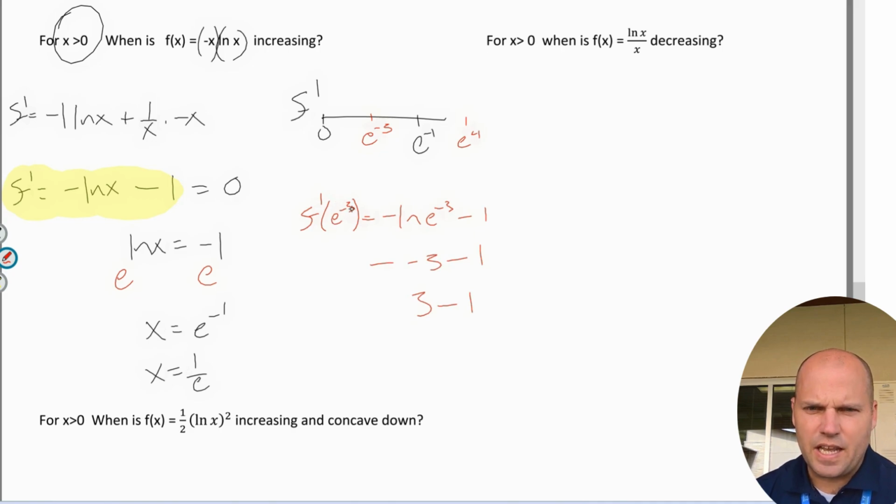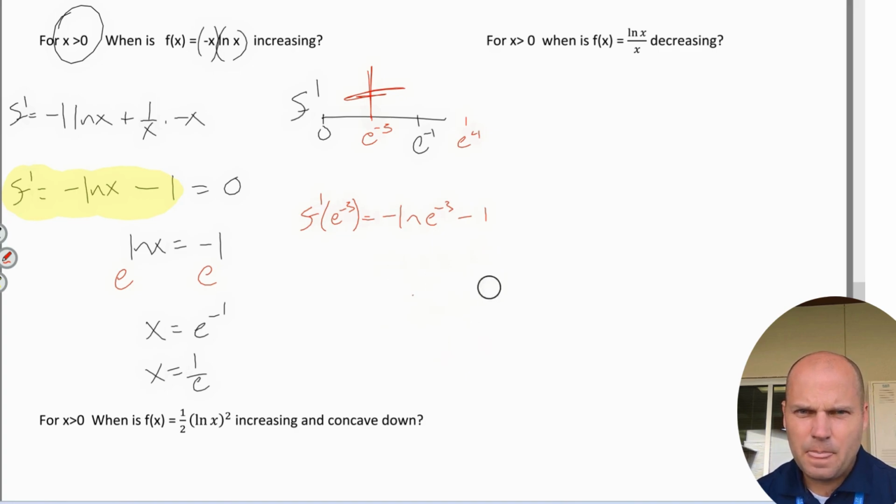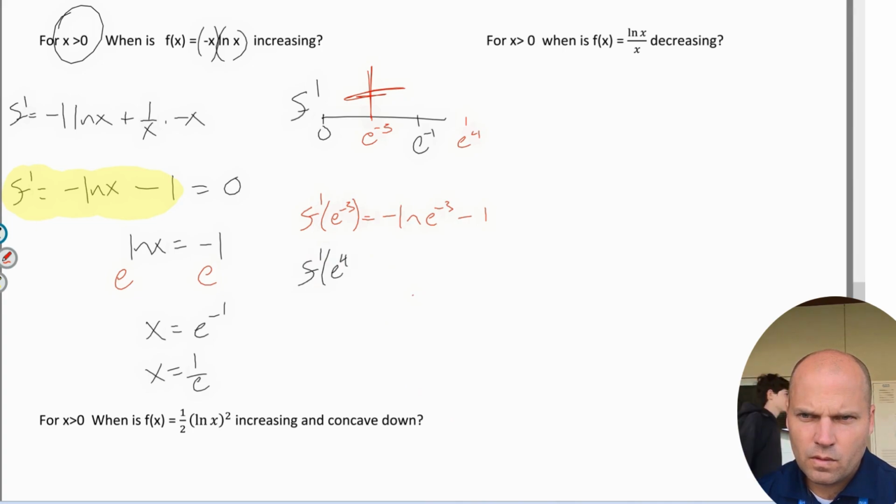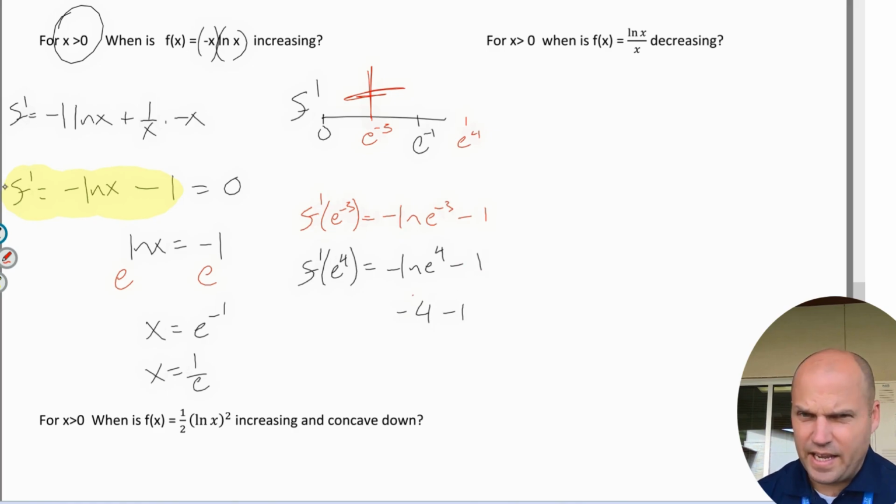If I plug in e to the negative third, I get this value 2, which means I get these positive slopes. If I plug in e to the fourth, I get -5, which means I get these negative slopes.